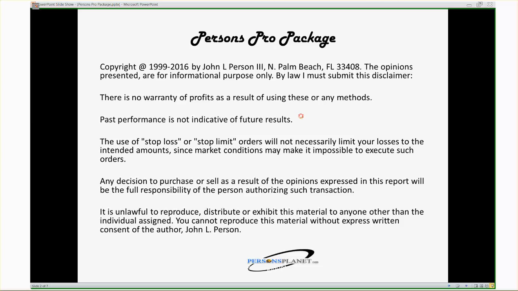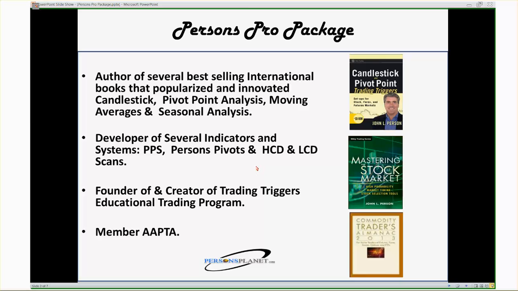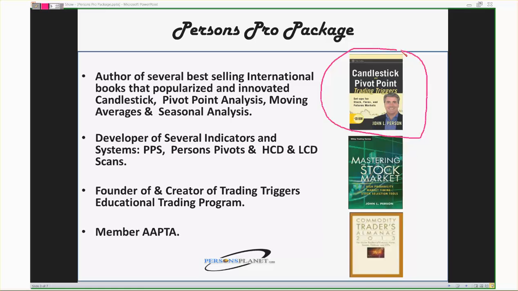Trading is risky. So what do we do? Well, a lot of what I've done, and I think a lot of people are very familiar with this particular book right here. Candlestick and Pivot Point Trading Triggers is over a decade old. This book single-handedly introduced people to the acronyms you may see on my tweets, LCD and the other acronym, HCD.